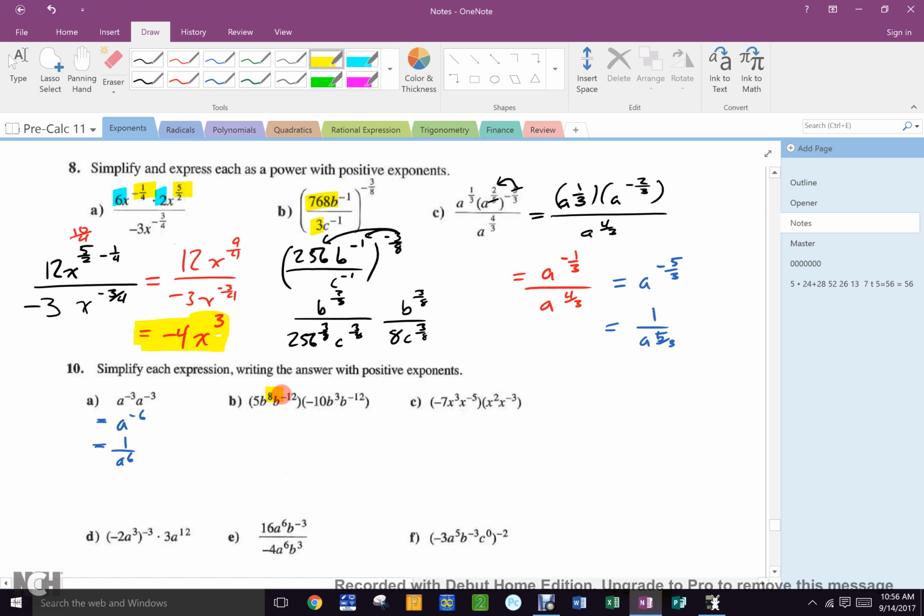What is 2 plus -3? -1. Okay, no coefficients, -7. What do I do with the exponents? -2 plus -1? -3. And then where does that -3 exponent go?